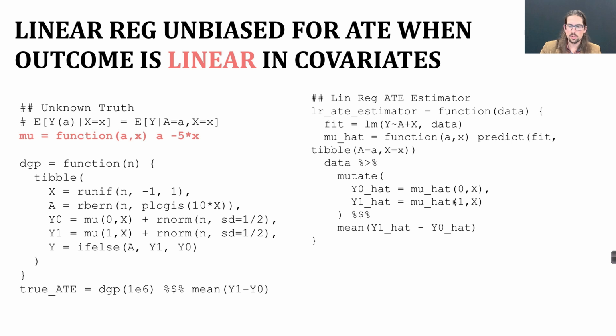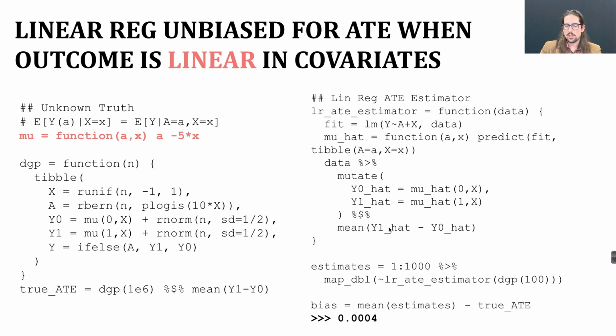I'm getting my predictions for everyone, assuming treatment and control, and then averaging the differences. What I'm doing differently is repeating this experiment 1,000 times and showing you that the bias is essentially 0. If I take the average guess and subtract off the true ATE, they're no different. So I'm getting the right answer on average.